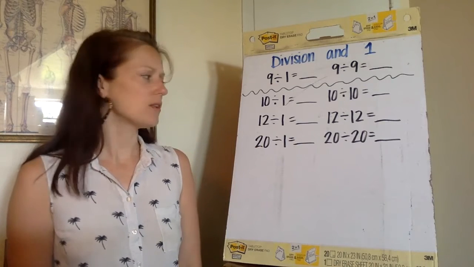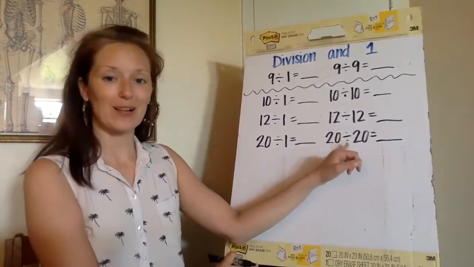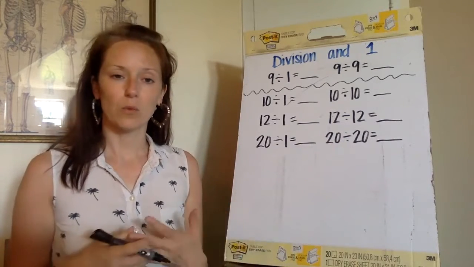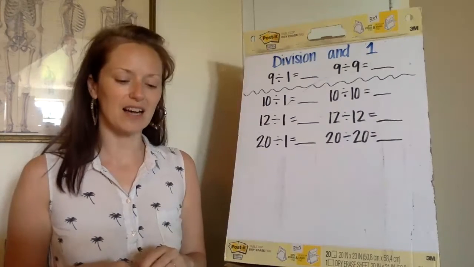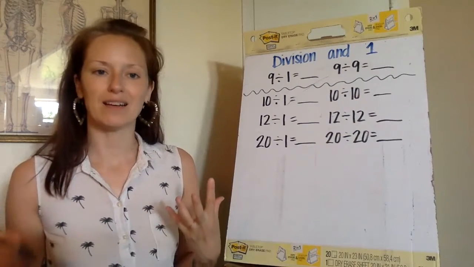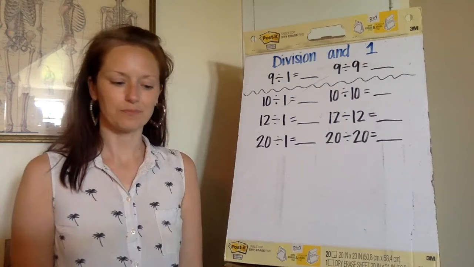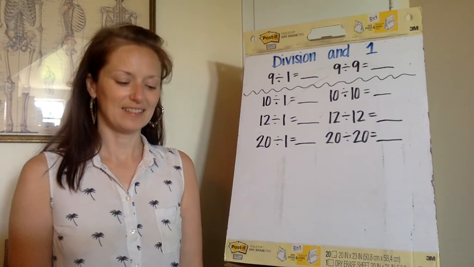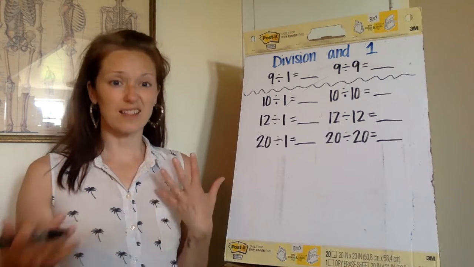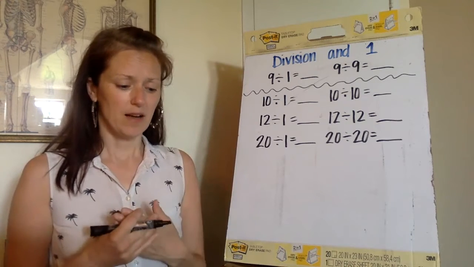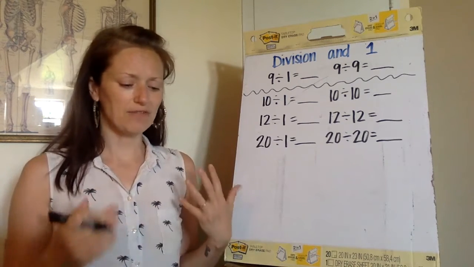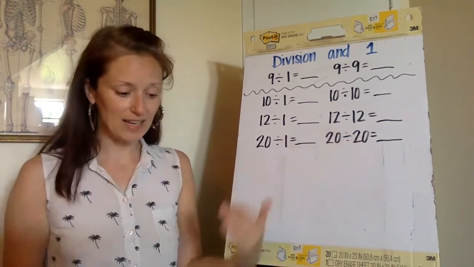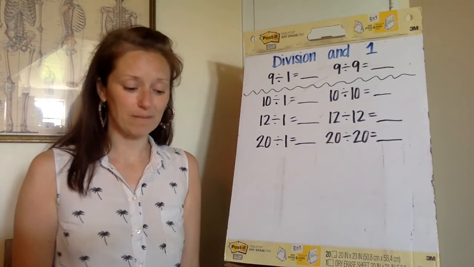So I want you then to think about, let's look at this column over here. What about if you divide a number by itself? What's a general rule that we could think of, or a way that we could explain that rule? And again, pause the video if you need a moment just to think about it. So it's kind of the same thing we just talked about, right? Very similar, but the opposite. So if you divide a number by itself, like if we say 20 divided by itself or divided by 20, the answer is going to be 1, right?